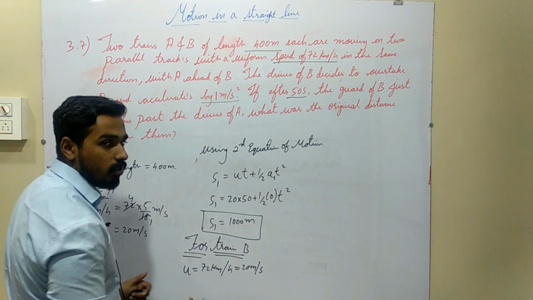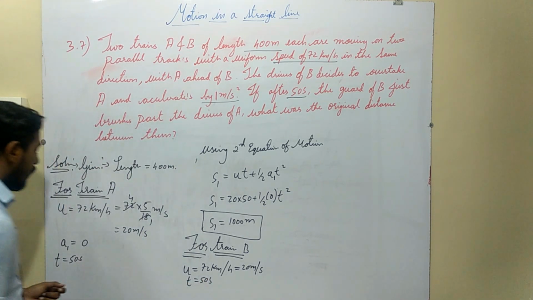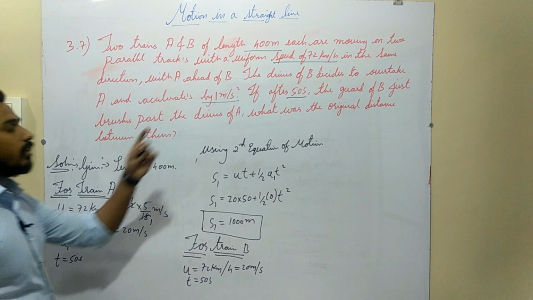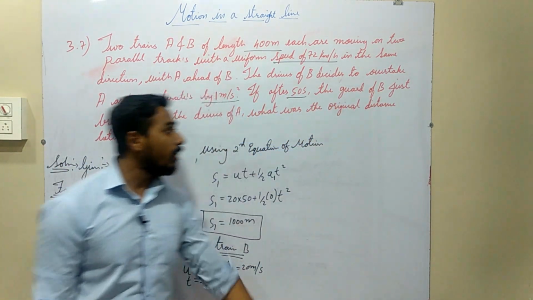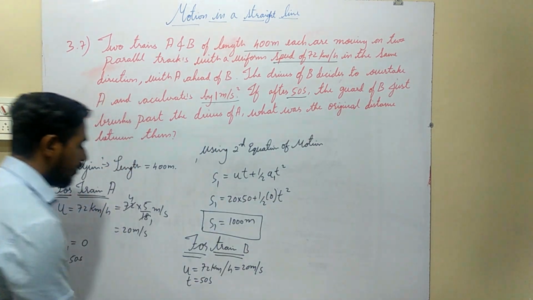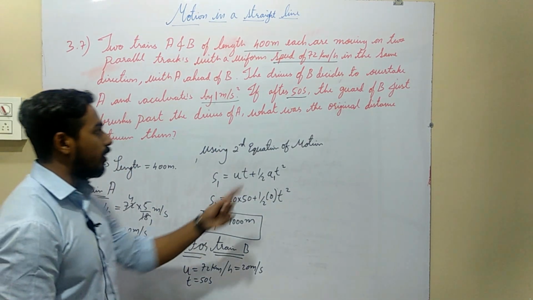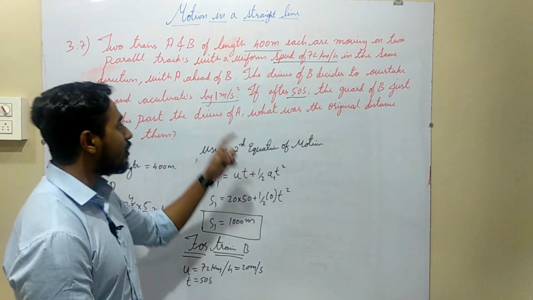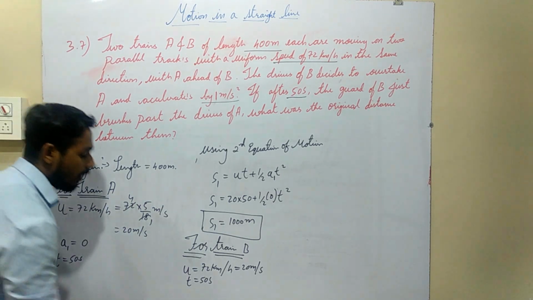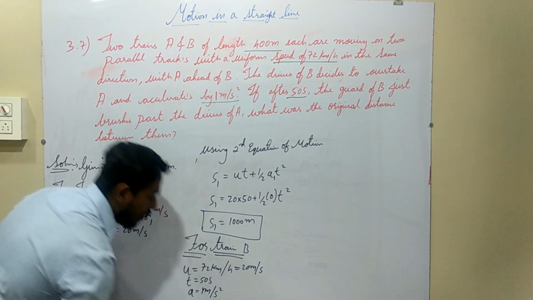Time is also the same, that is t is equal to 50 seconds. Next, acceleration. Now for the second train, that is train B, acceleration is 1 meter per second square. Therefore here a will be 1 meter per second square.